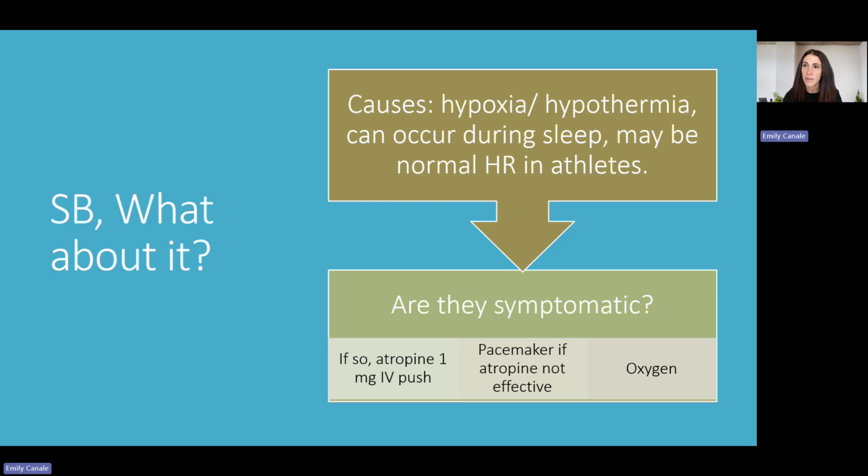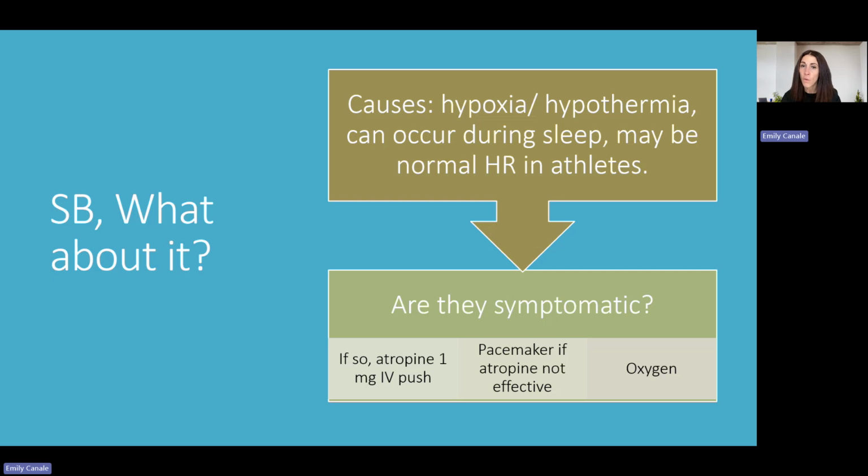That doesn't necessarily mean that we need to treat it. But if they're having symptoms, so any of those symptoms that we discussed in the beginning of the presentation, try and recall some of those. Symptoms of decreased cardiac output. If they're dizzy, they're short of breath, they're diaphoretic, they're hypotensive, okay, then we might have to treat them.